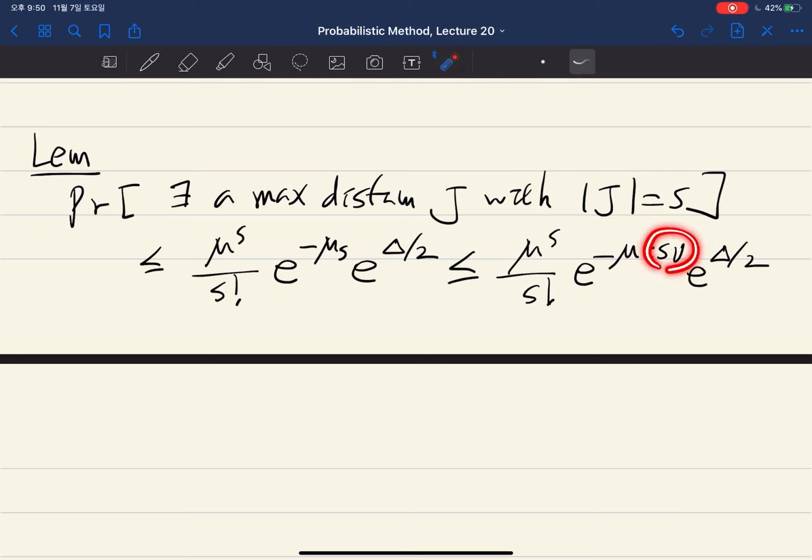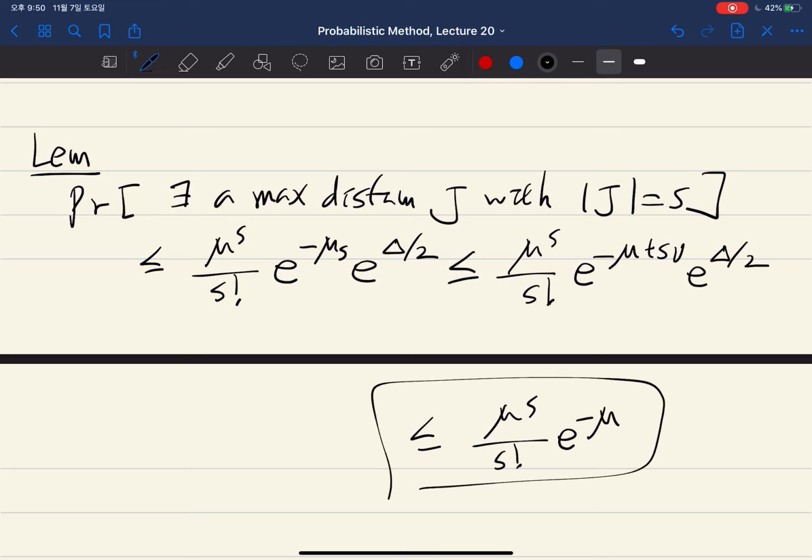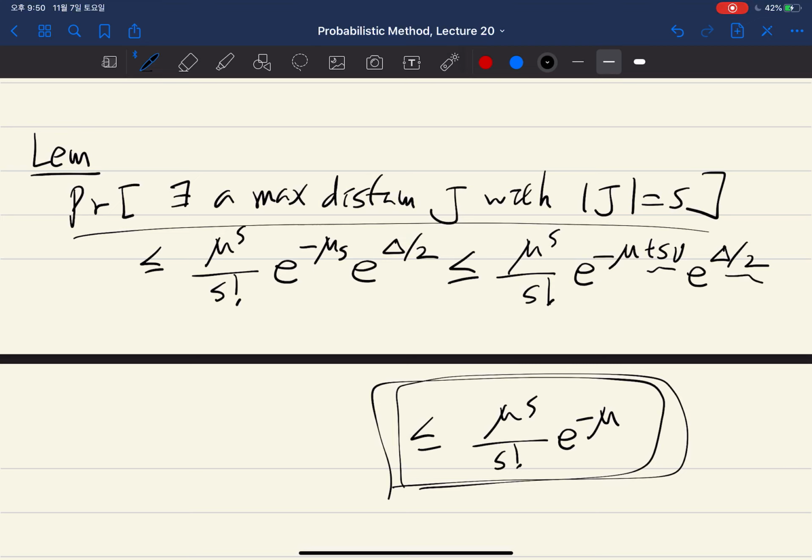So if S nu is small and delta is small, then this is at most mu to the S over S factorial, e to the minus mu, which comes from the Poisson distribution, where the Poisson distribution has value S. So this can be upper bounded by the Poisson distribution if these are small.